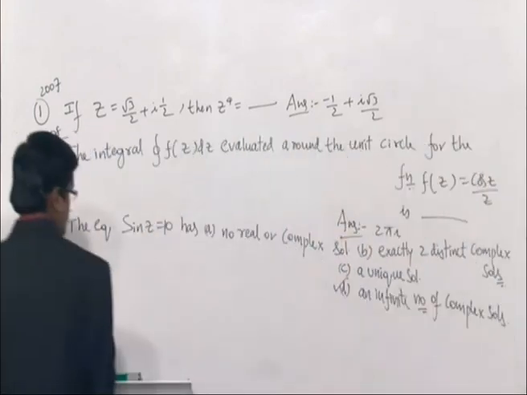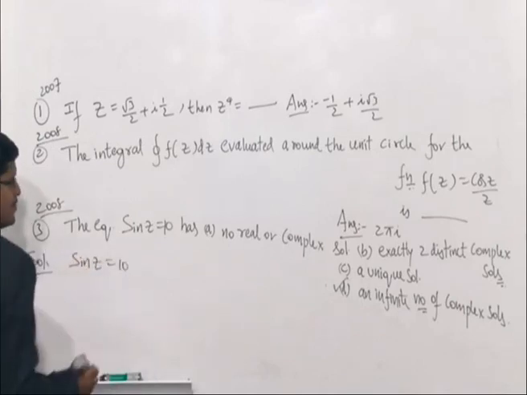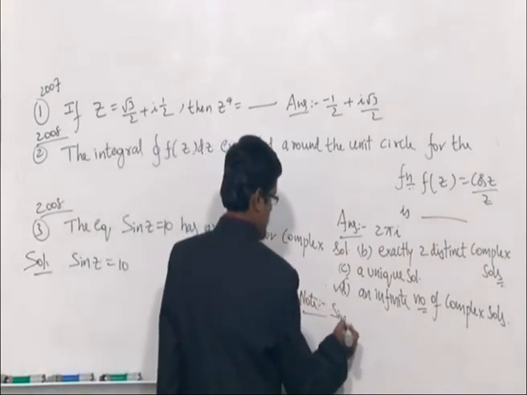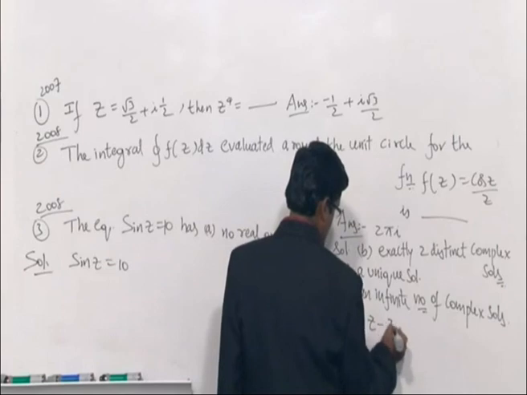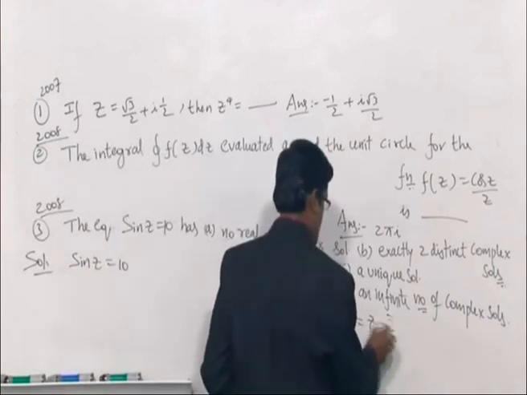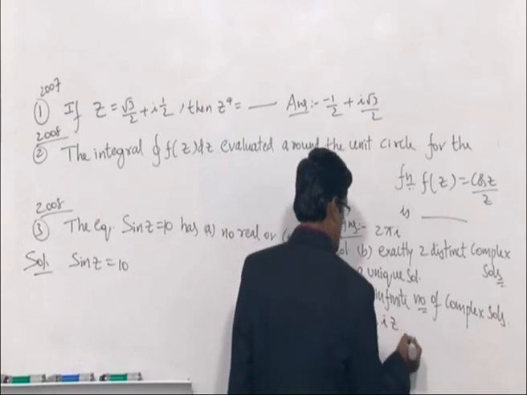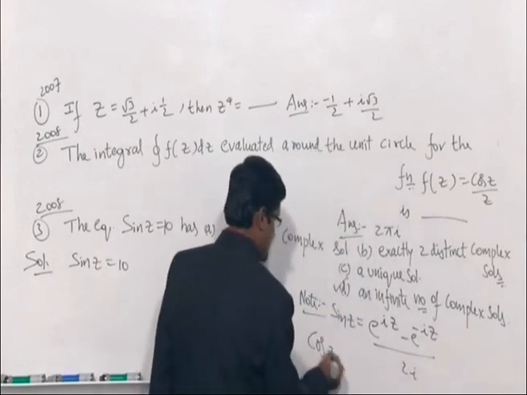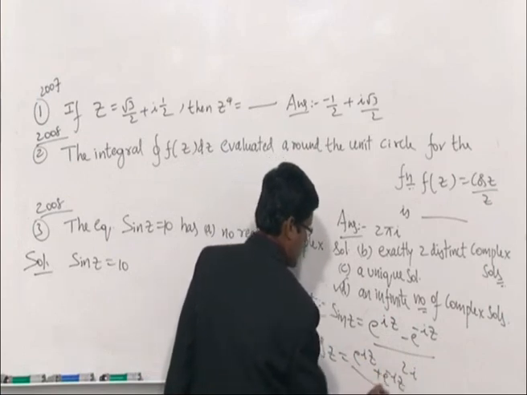So I am solving this one. Sin z is equal to 10. Somewhere you write the formula: sin z is equal to exponential iz minus exponential minus iz by 2i, cos z is equal to exponential iz plus exponential minus iz divided by 2.